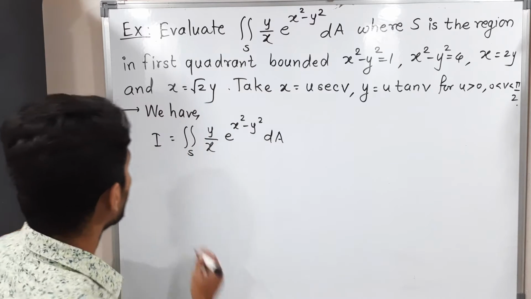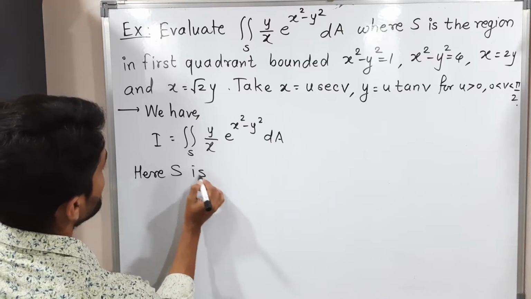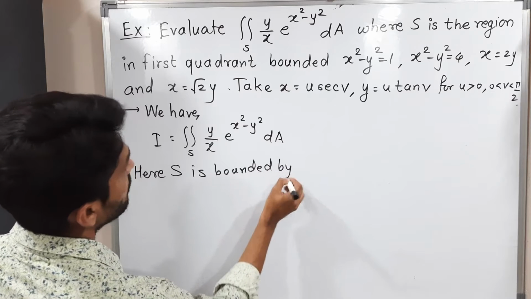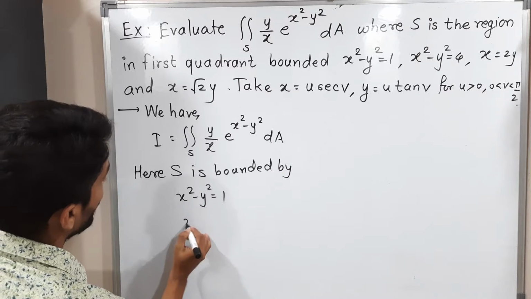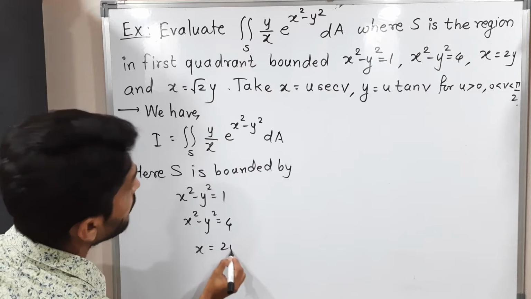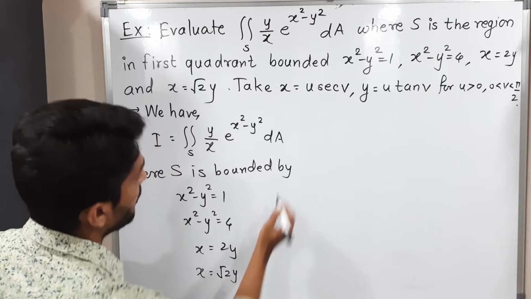Let us write it here. S is bounded by x square minus y square is equal to 1, x square minus y square is equal to 4, x is equal to 2y, and x is equal to root 2y.